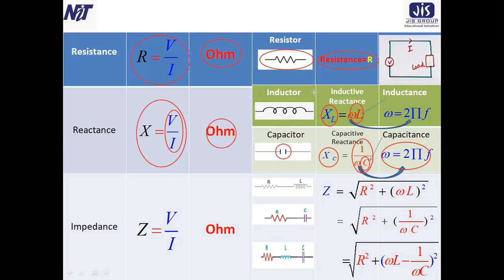With this type of symbol you write XL, and with this type of symbol you write XC, the capacitive reactance.